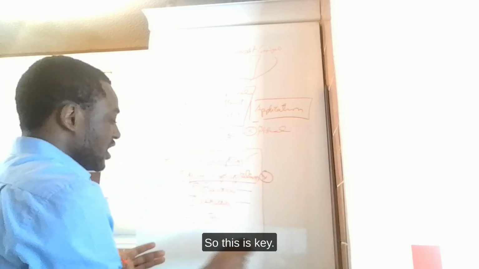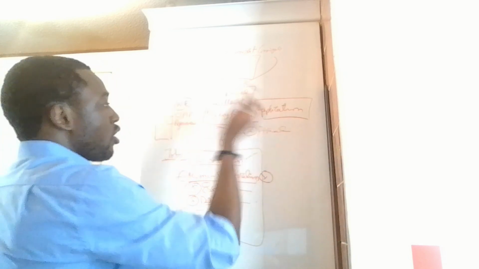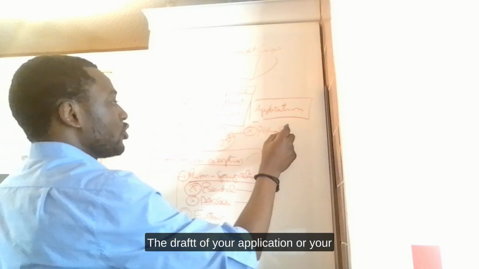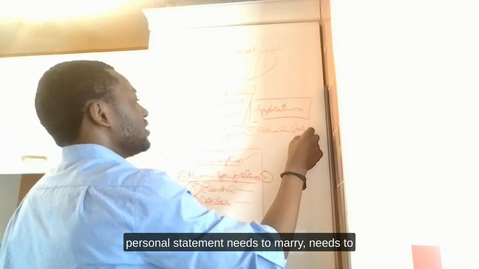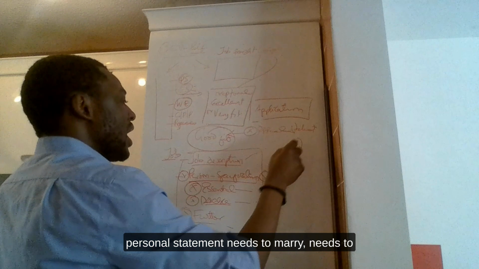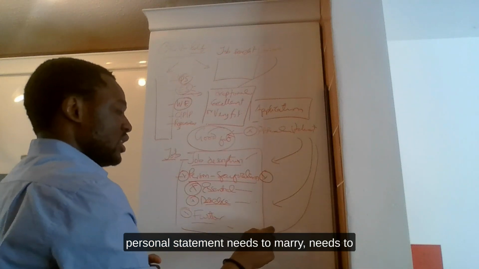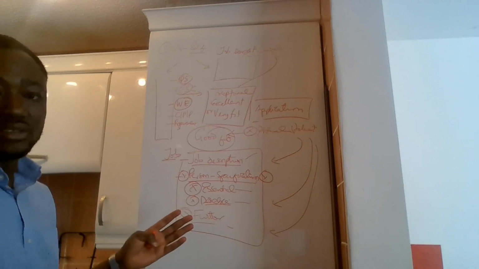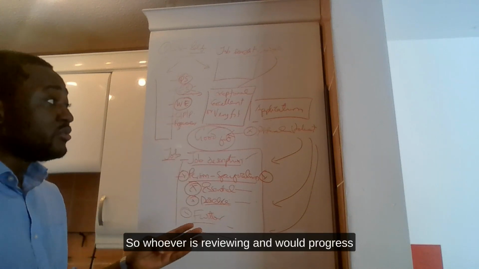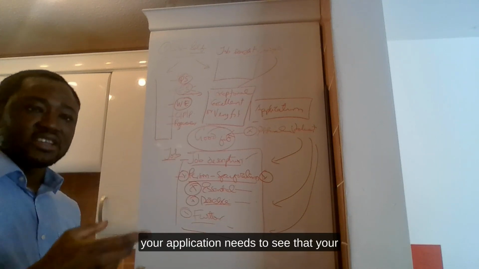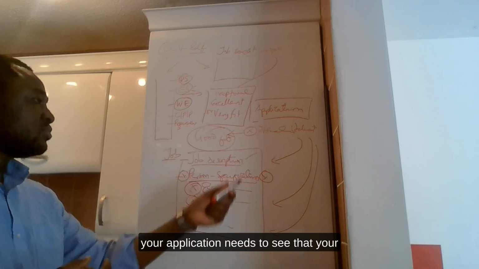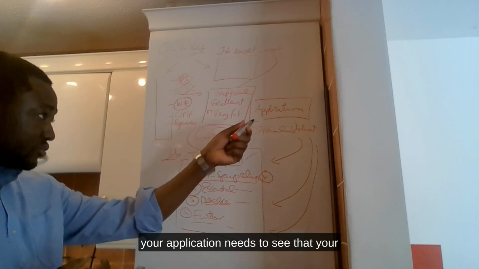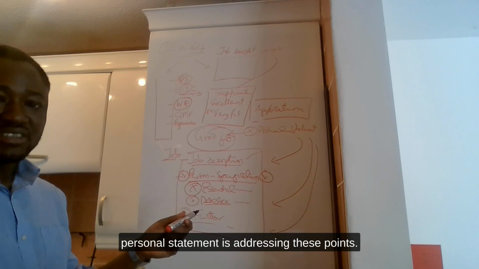So this is key. The draft of your application or your personal statement needs to be seen addressing these points. So whoever is reviewing and would progress your application needs to see that your personal statement is addressing this.